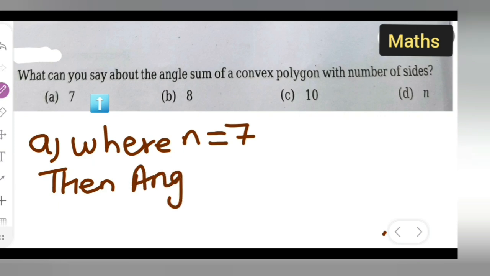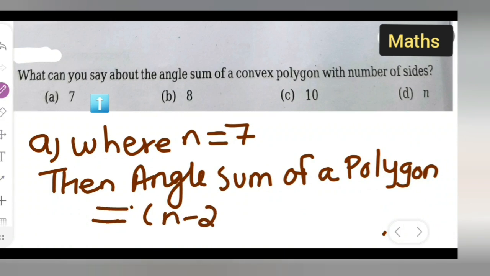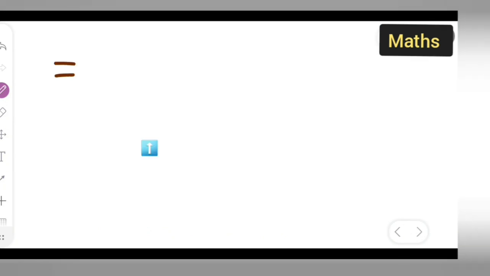Then the angle sum of a polygon is equal to, what is the formula which we are going to use over here? This is (n minus 2) multiplied by 180. We only have to substitute the value.